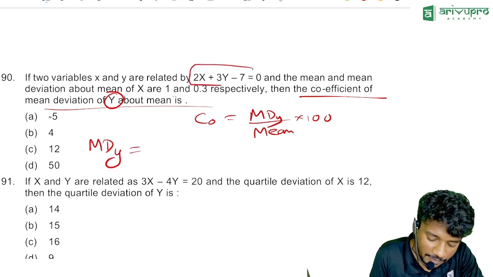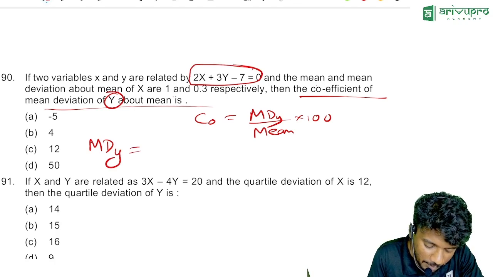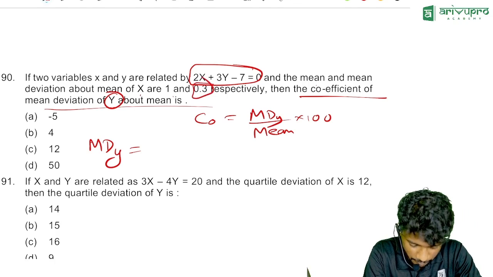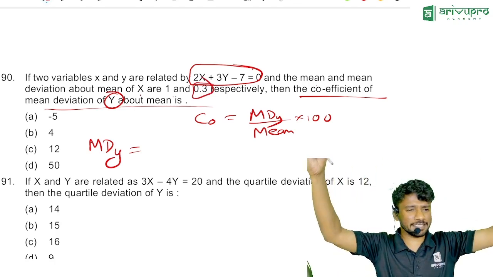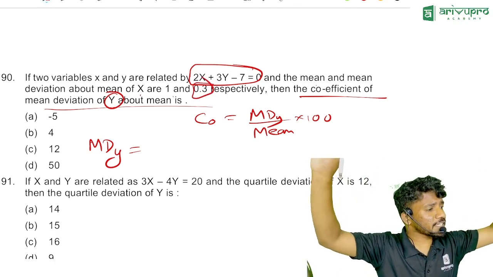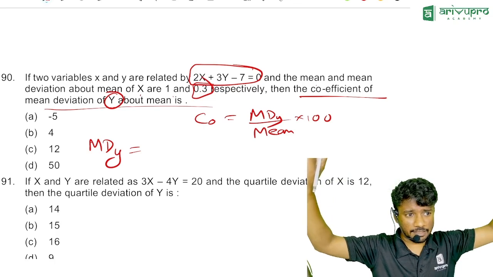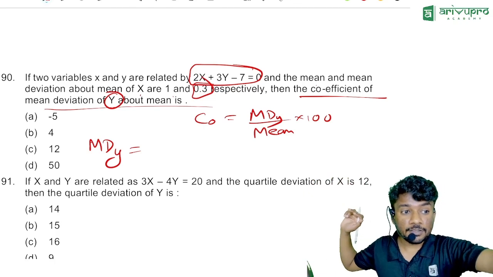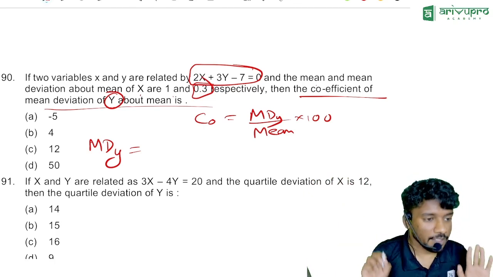So the formula is given, x value, mean deviation about mean is given, that is 0.3. How will you find? Now, simple thing. Is mean deviation affected by scale? Scale. Only scale it is affected. Is it affected by origin? So, ignore this 7.